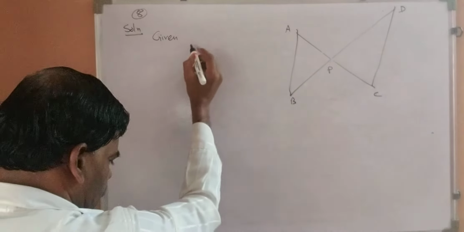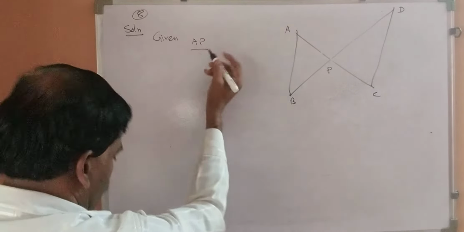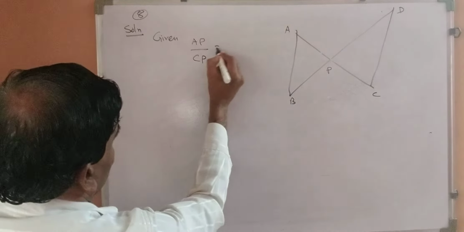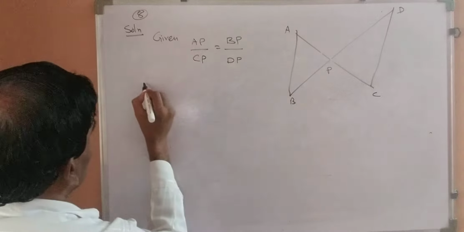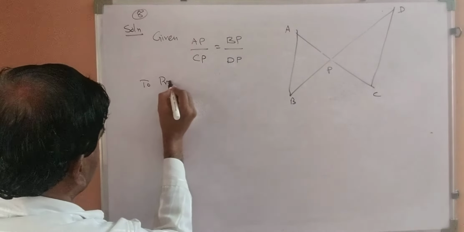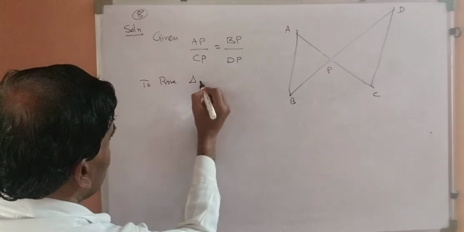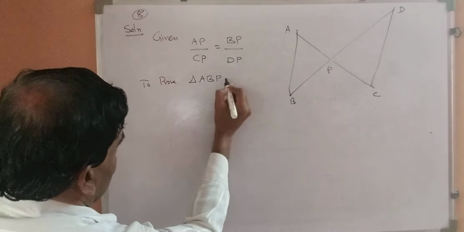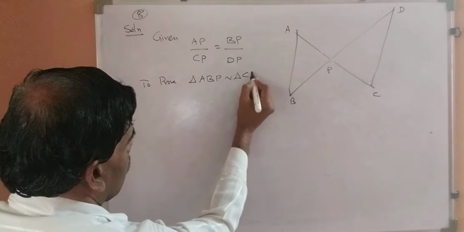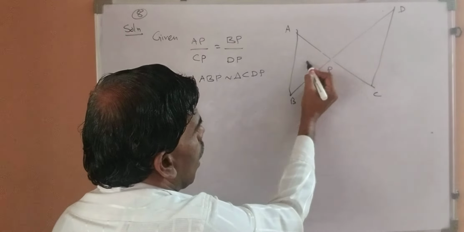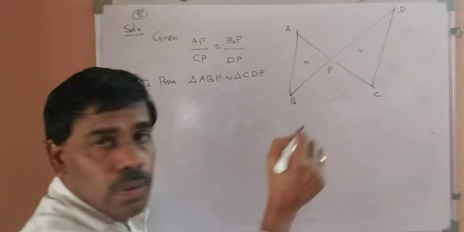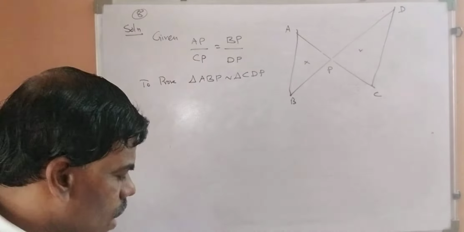First we will write AP upon CP equal to BP upon DP. To prove: triangle ABP is similar to triangle CDP. This triangle should be similar to that triangle, that we are going to prove.